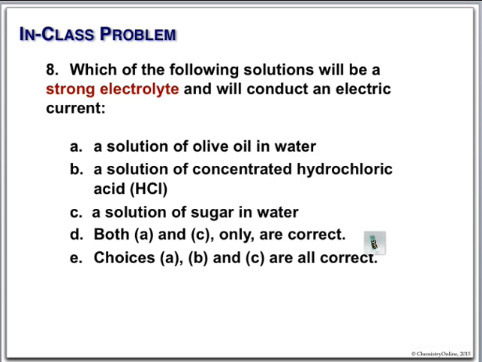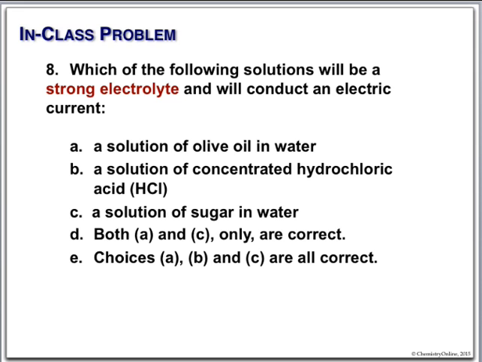So, which of these would be most likely to be a strong electrolyte? Solution of olive oil and water. Well, if you've ever made salad dressing, you know that olive oil doesn't even dissolve in water, does it? It just sits and it floats. So we can get rid of that. Solution of concentrated hydrochloric acid.